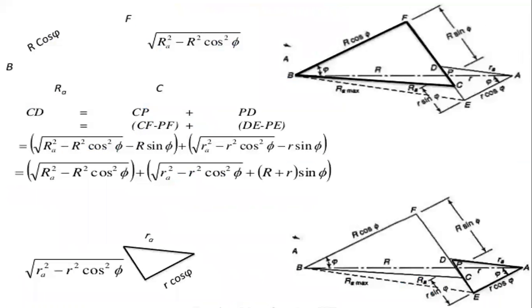Then we are going to find the equations for the following figures. So these are the two equations found. For the CP condition, it is RA square minus R square cos square phi, minus R sin phi, and for the PD condition, small r is taken into account.